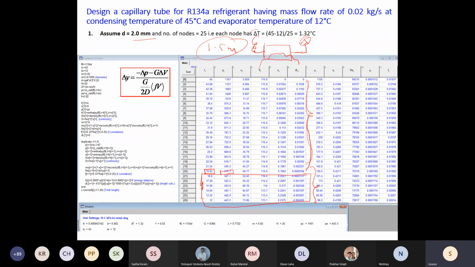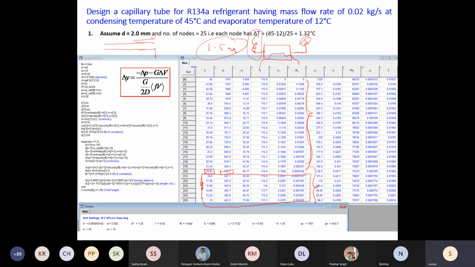Then what is happening on the capillary side? If I just denote it by one single length instead of that coil, just at the inner surface of the outlet of the capillary tube, you will have 570 kPa.